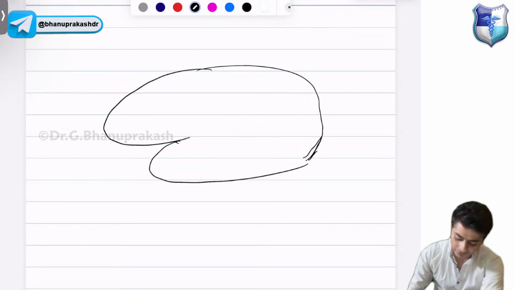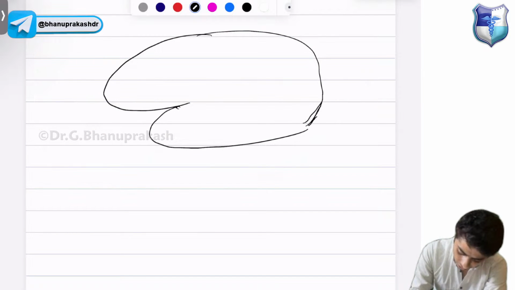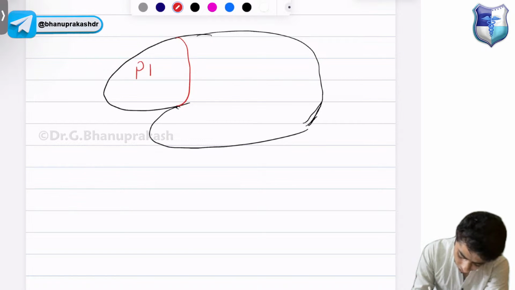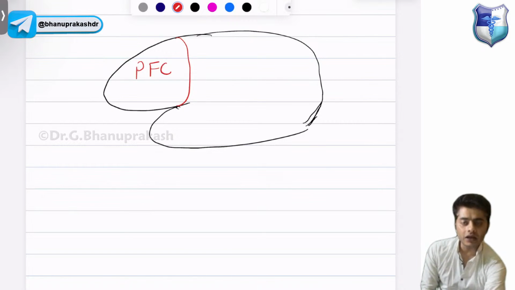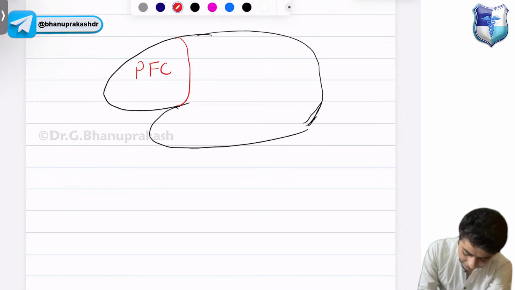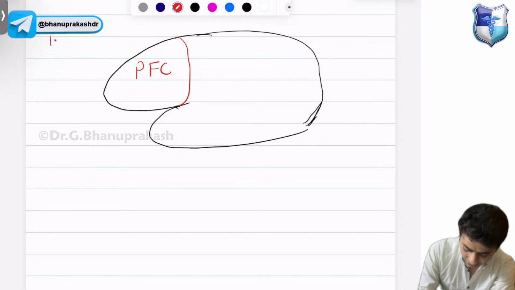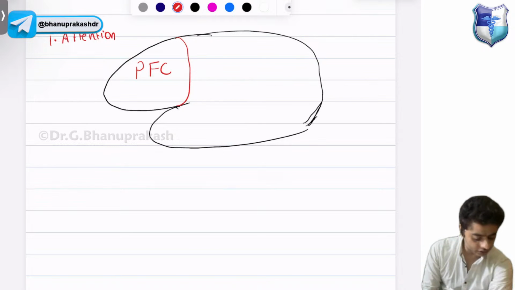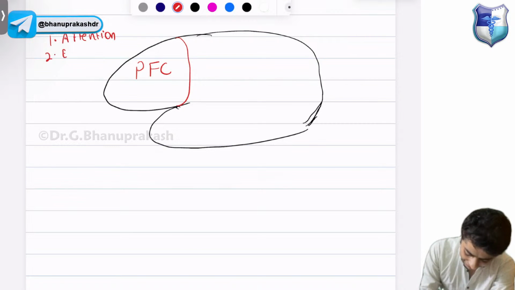Okay, Kargil. So see, this is your prefrontal cortex. And what things does it control? It controls attention. It controls executive function.